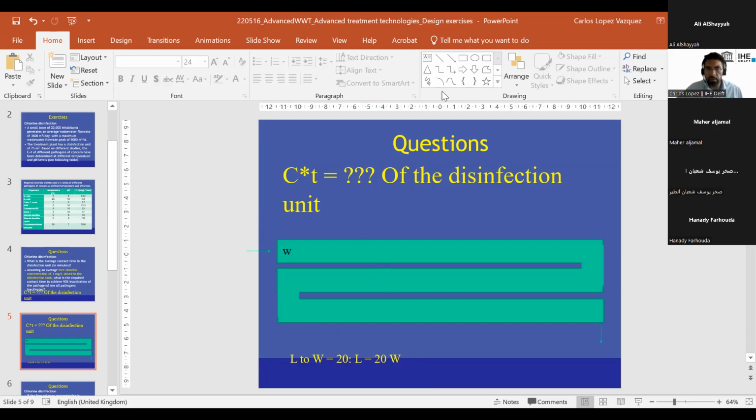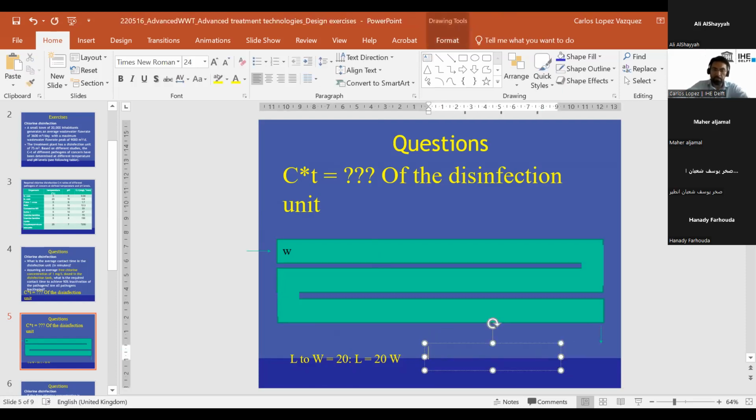Now, by hydraulics, the time that the water spends in this unit is a function of the volume of this unit divided by the flow rate that passes through.